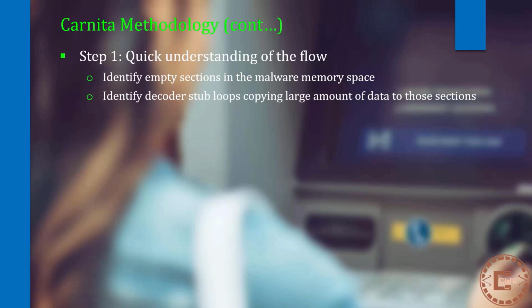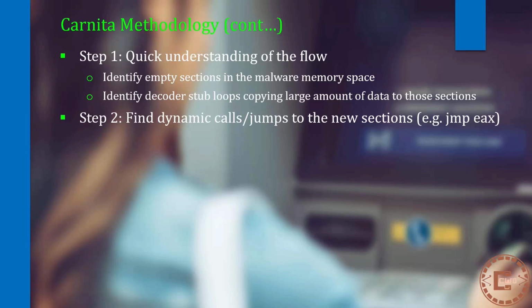when trying to deal with packed code or obfuscated code. The second step is, once you identify those sections, try to find dynamic calls or jumps into those sections. Because as I said, if this data is being deobfuscated or unpacked into a new section, and suddenly you see a jump into that section, that's a good indicator that you're getting close to what is called the OEP, the original entry point.